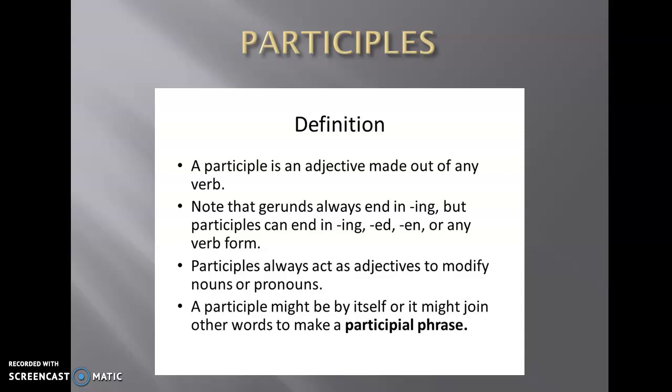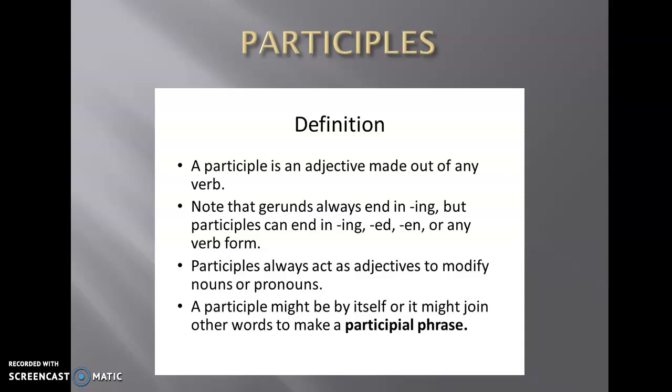Gerunds always end in ing, but participles can end in ing, ed, en. That means participles, just like gerunds, can sometimes end in ing, and participles also end in third form of verb. And in third form of verb, verbs usually end with ed or en. Participles always act as adjectives to modify nouns or pronouns.